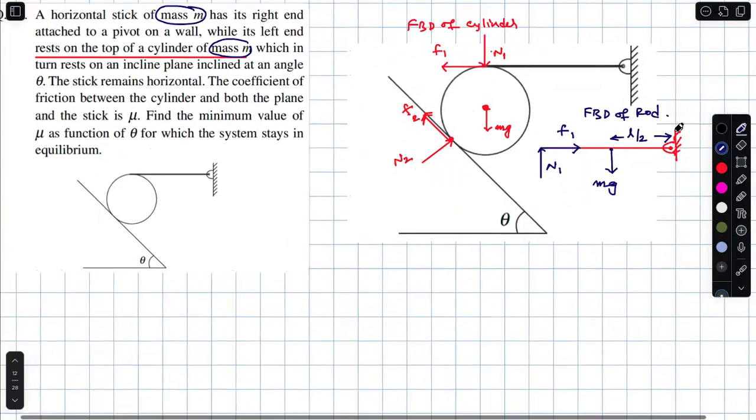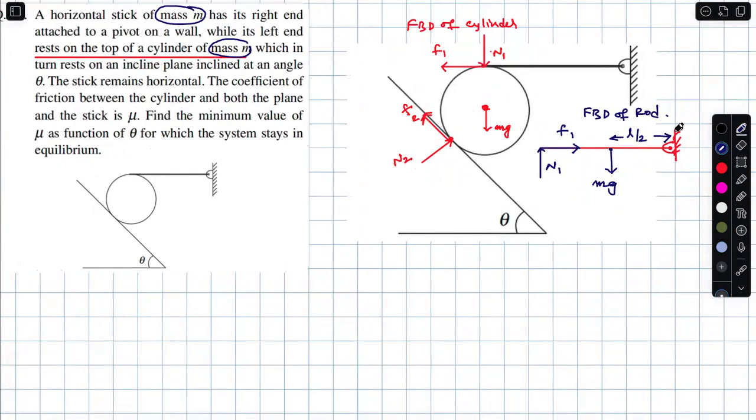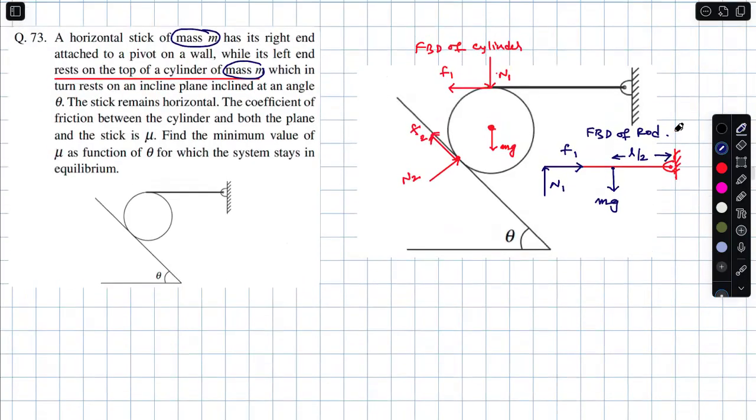So now one after the other we will draw. Now see, my skill lies in neat drawing of this arrangement.